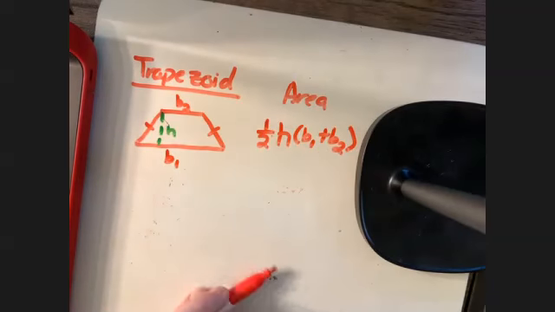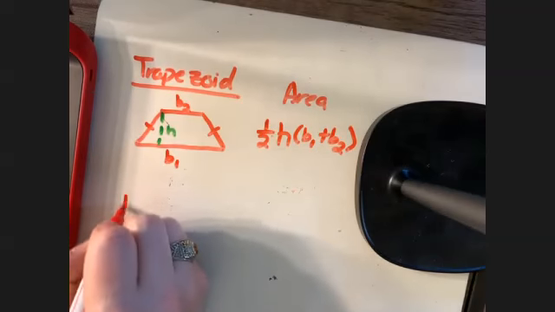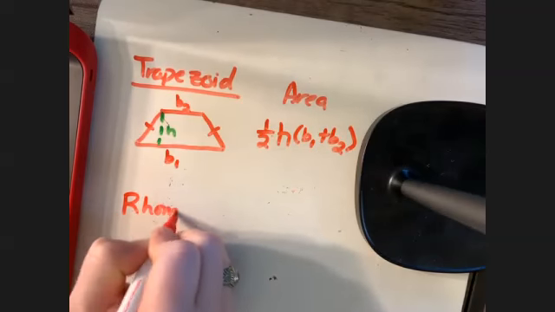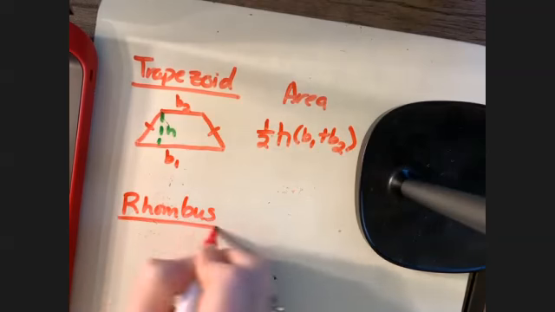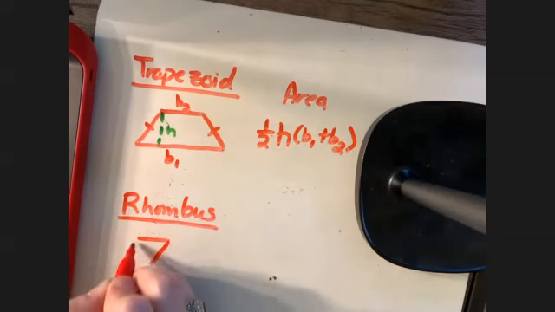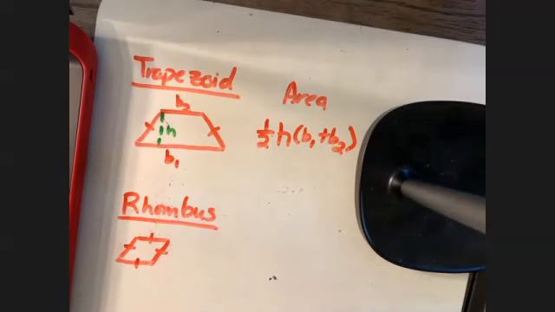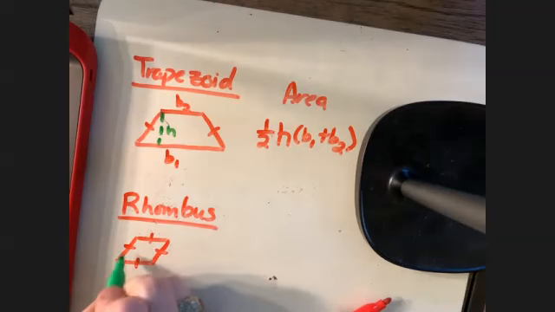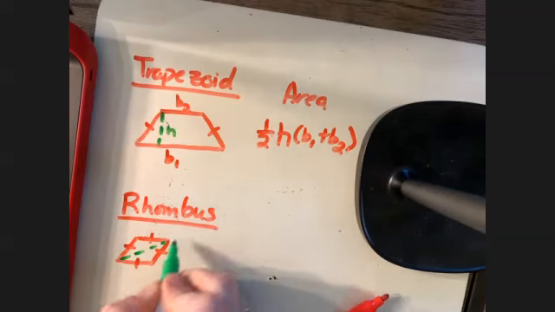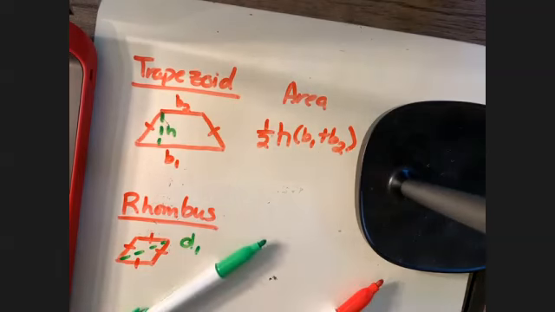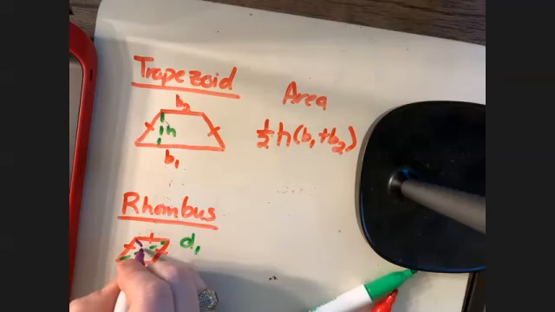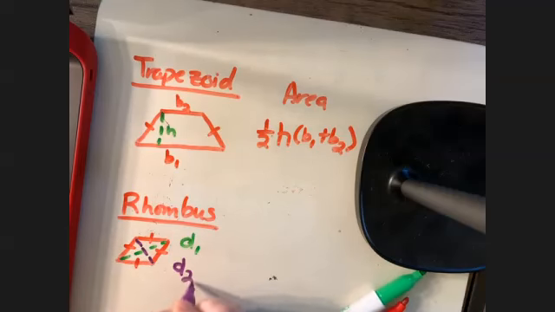And then the last shape that we covered in class was a rhombus, okay? And remember that the rhombus was kind of like a square that had been pushed on an angle, okay? Now, with this, we had a diagonal 1 and we had a diagonal 2.